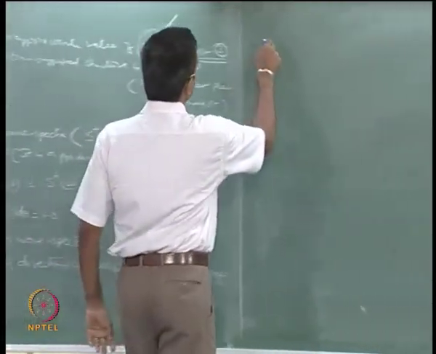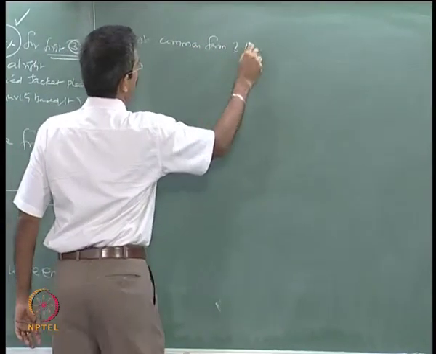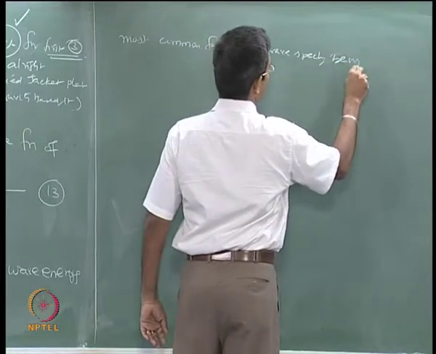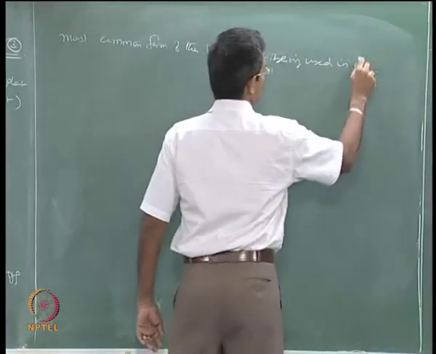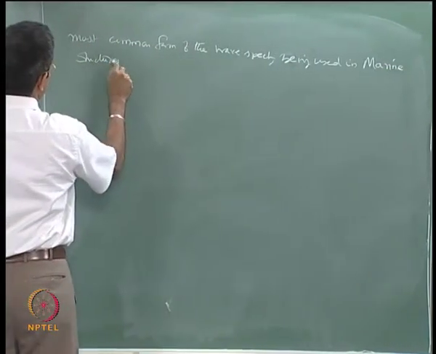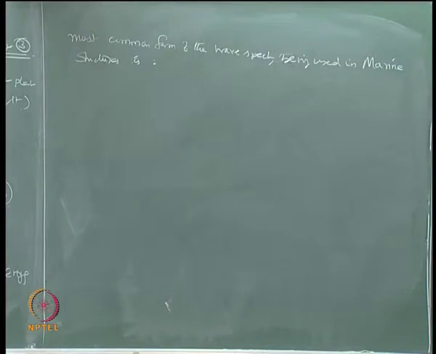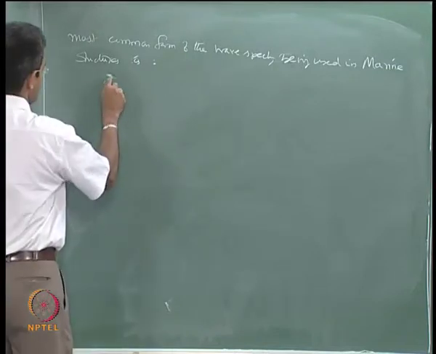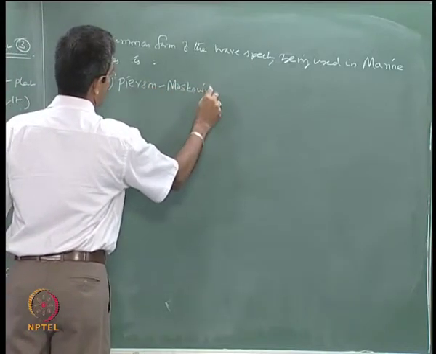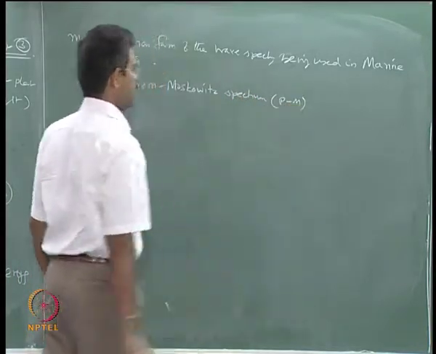So, the most common form of the wave spectrum being used in marine structures is the Pierson-Moskowitz spectrum, famously called the PM spectrum.